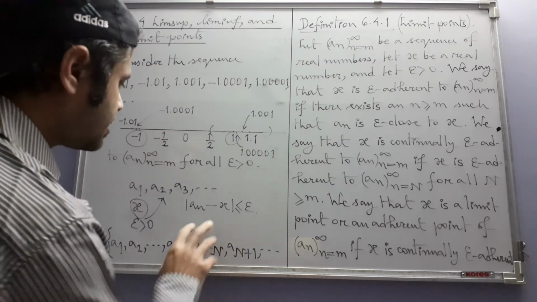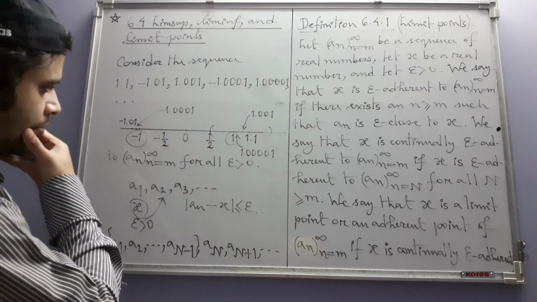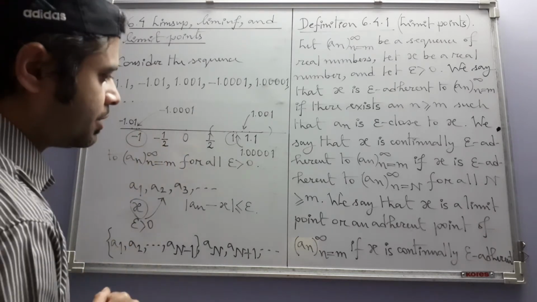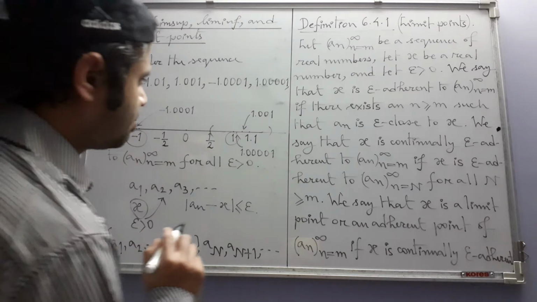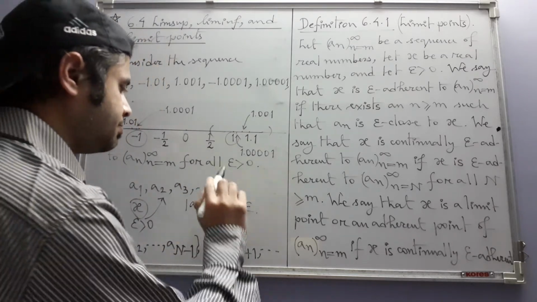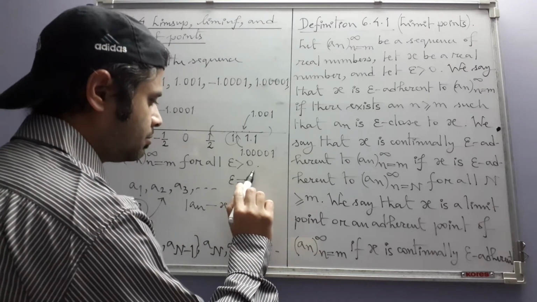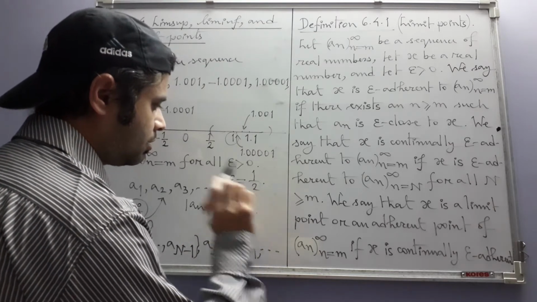Should we see these things in this example? Let us see. For example, say you take epsilon equal to 1/2.